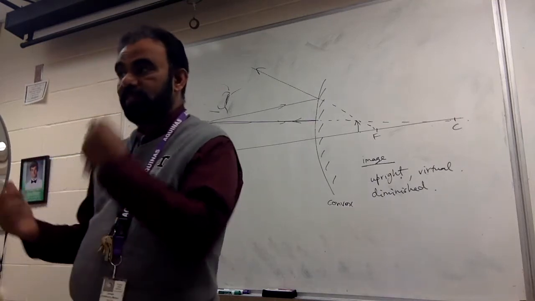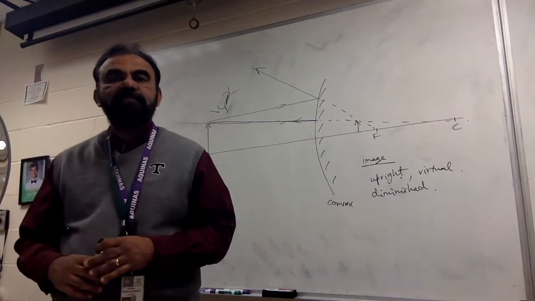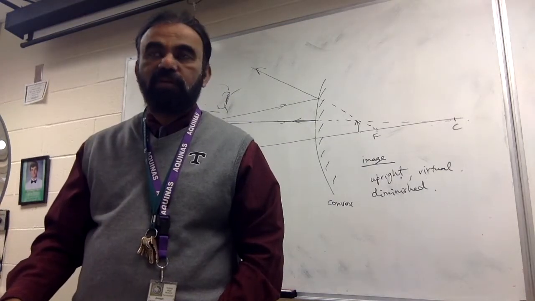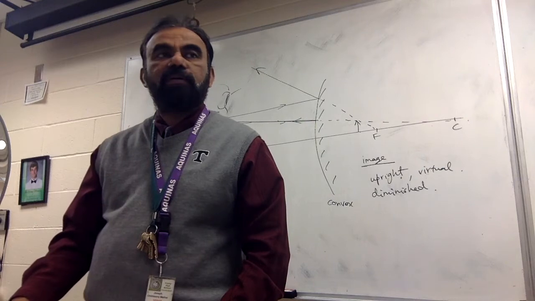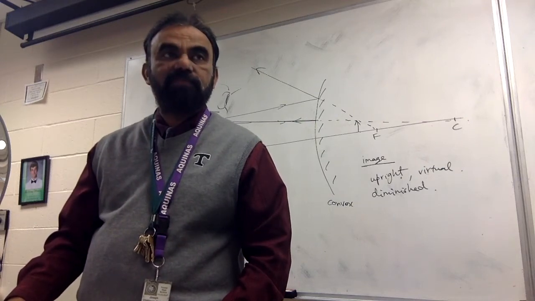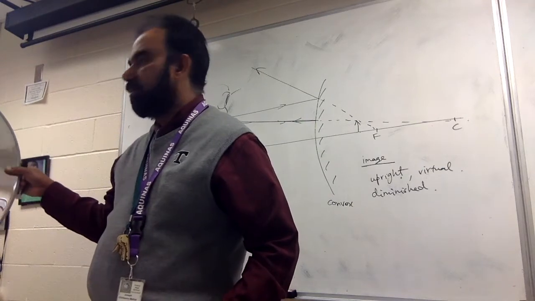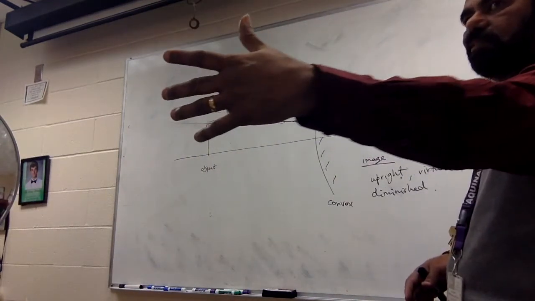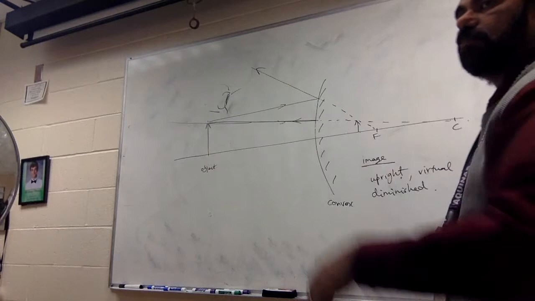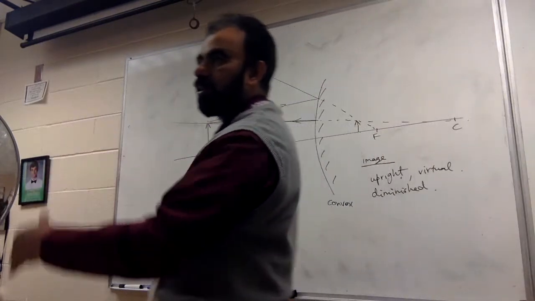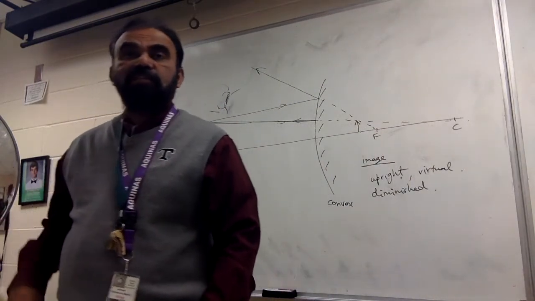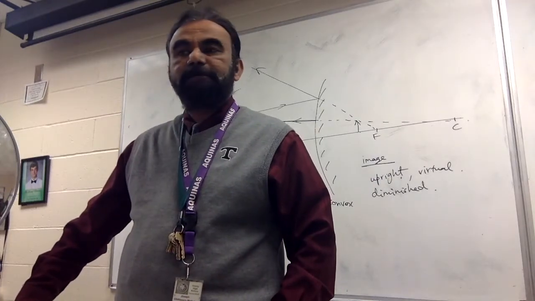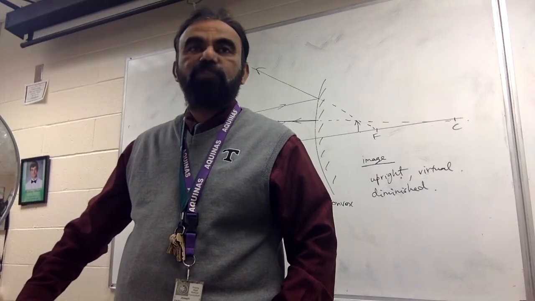Where do they use this? Where is this mirror used? Rear view mirrors in your cars, or blind spot mirrors, like you're coming from here and you want to take a turn, but there's something that's blocking the view, but this mirror will actually tell you there's something. Okay, so that's a blind spot mirror, and mainly the rear view mirror.